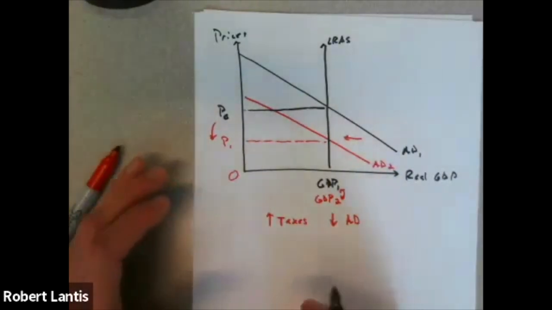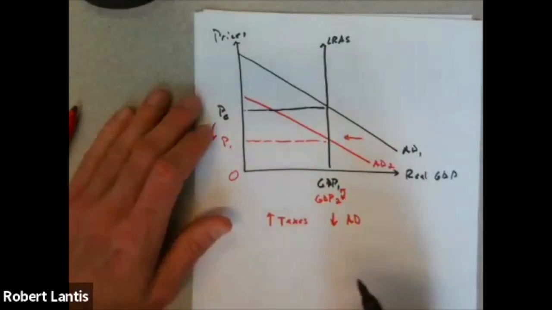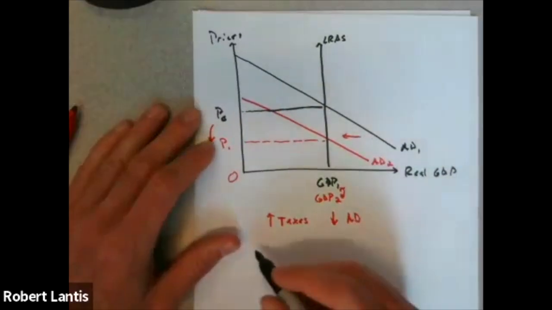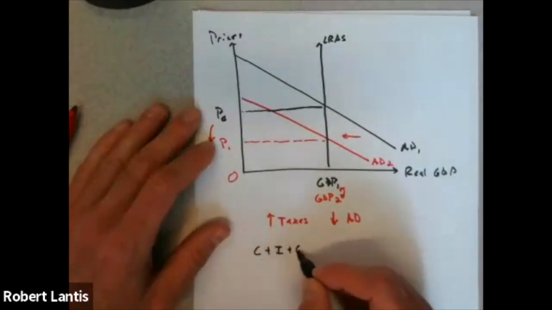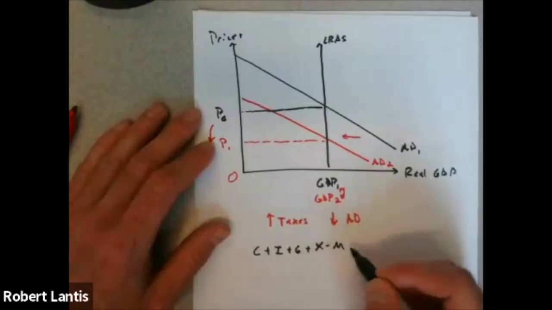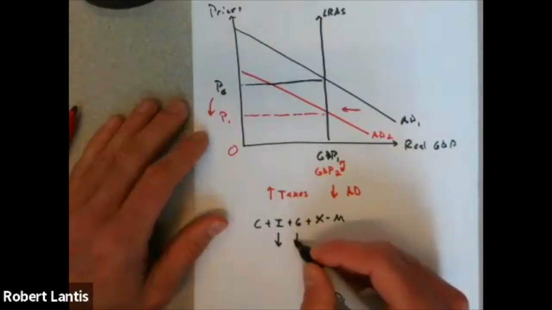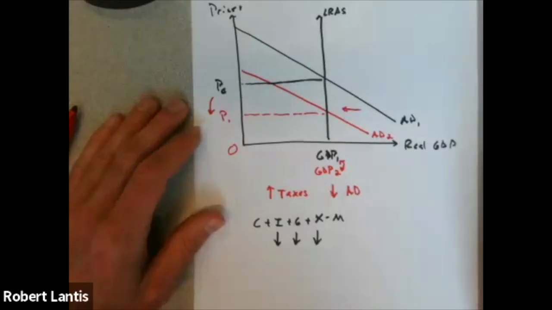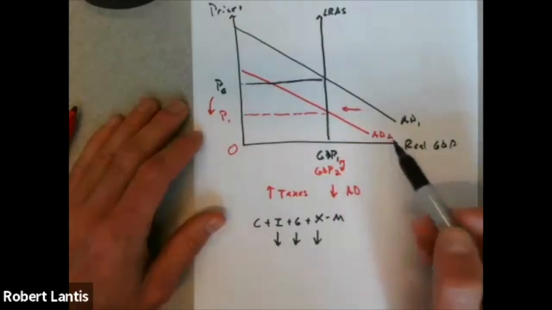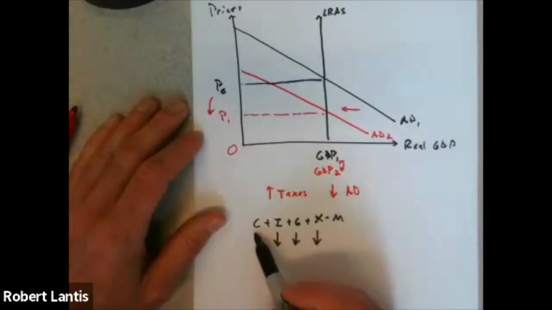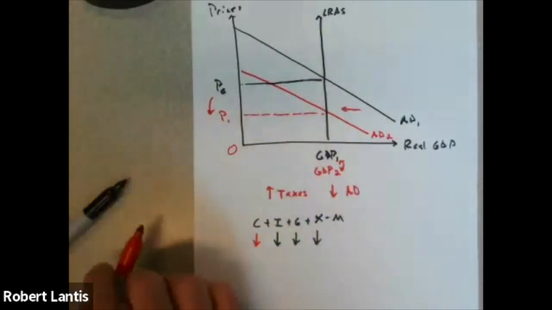Now, what are some other things that could cause this same impact, right? Well, we said part of aggregate demand was C plus I plus G plus exports minus imports, right? So let's say that we had a decrease in investments, a decrease in government spending, or a decrease in exports. Those would all cause this leftward shift and would have the same impacts as that tax increase. That tax increase was causing consumption to go down.